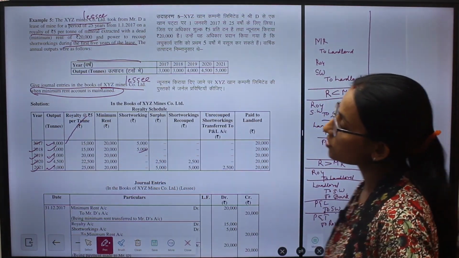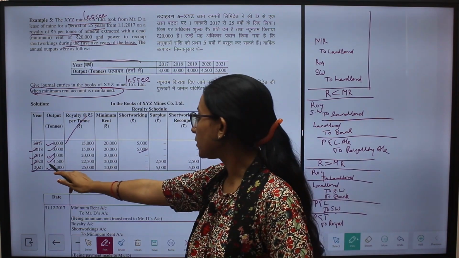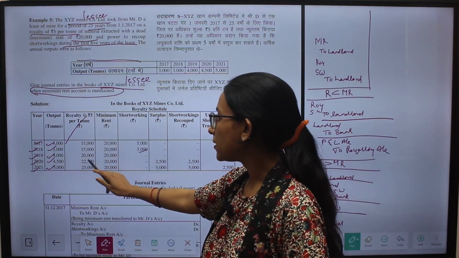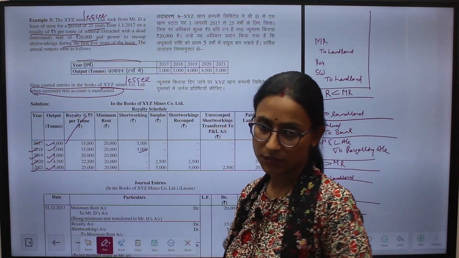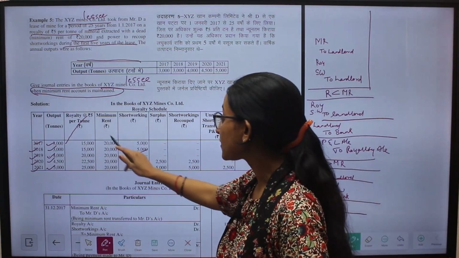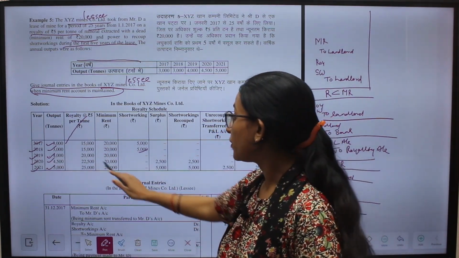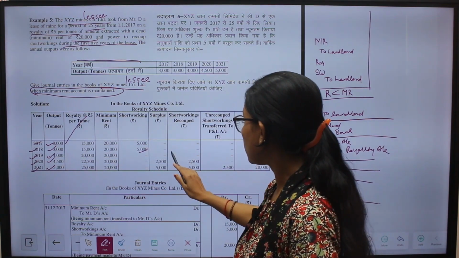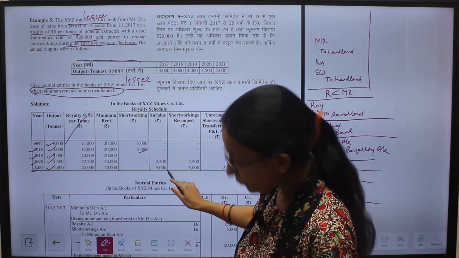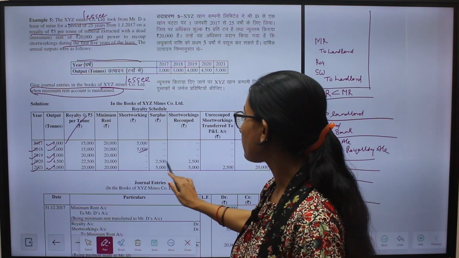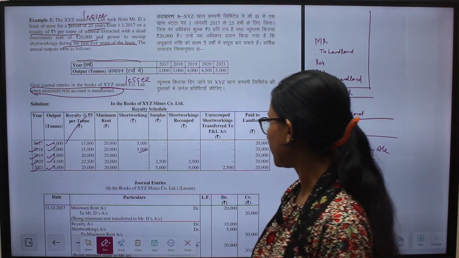After this, in 2020, the royalty earned is 22,500 rupees, which is more than the decided minimum rent. How much more? Rupees 2,500. The surplus amount is rupees 2,500.